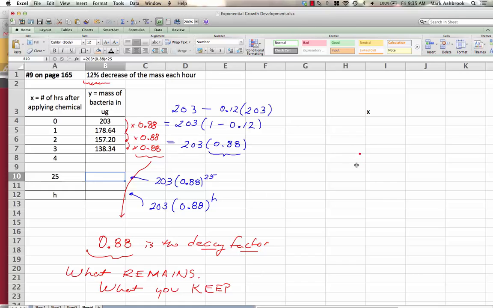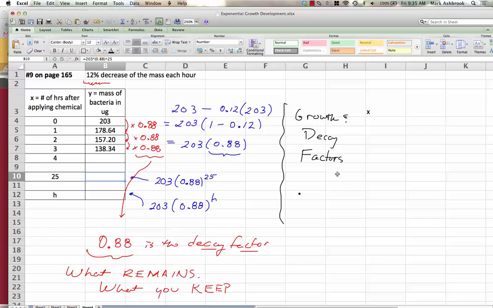So with these growth and decay factors, they're always based off of this baseline of what you had before, 1. If it's growth, then what do we do with the percent?